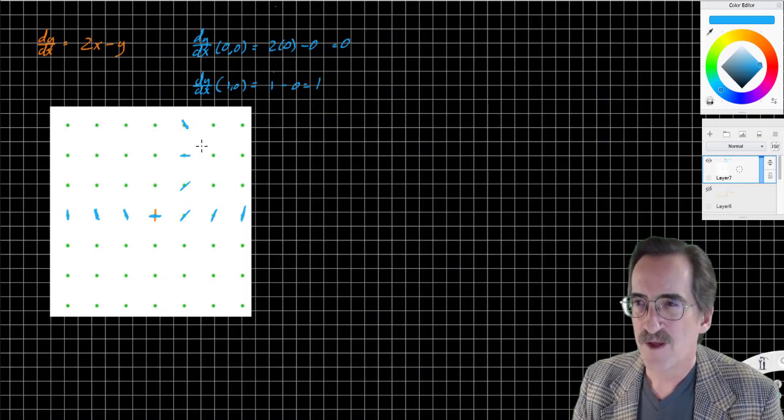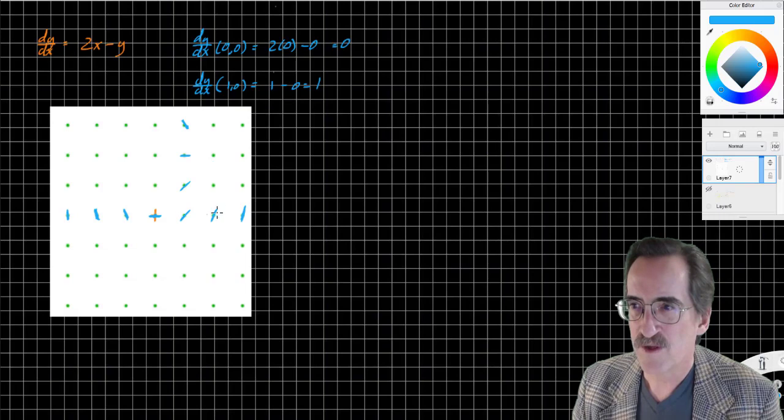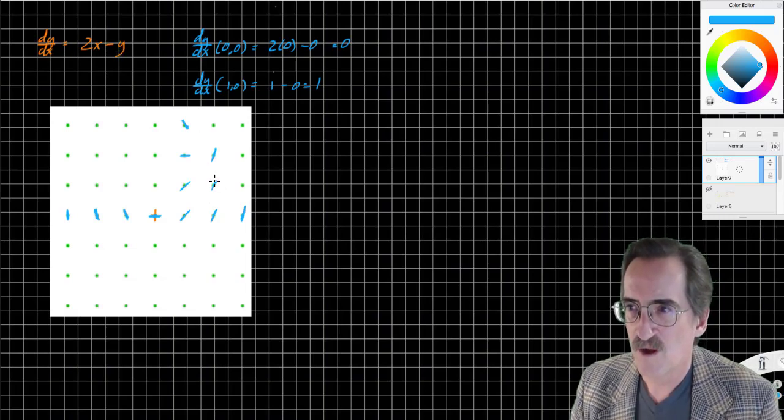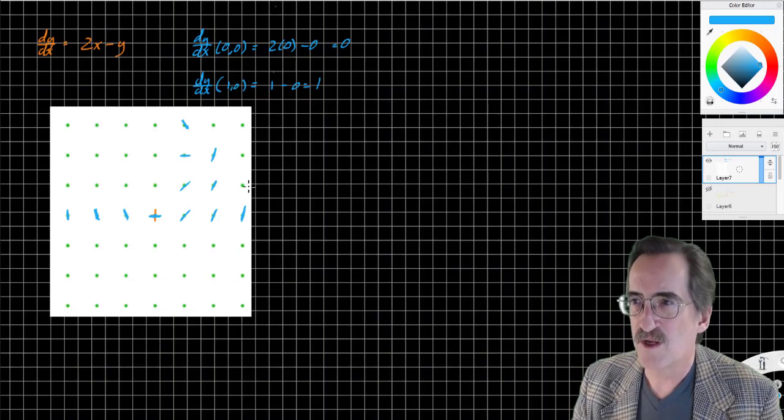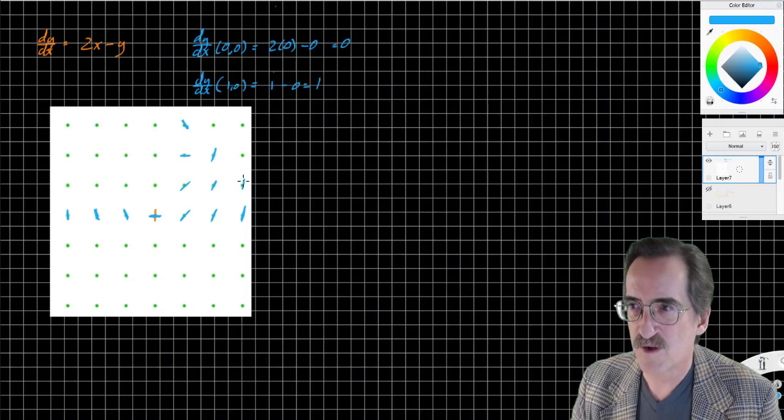Let's go ahead and do some more. (2, 2): 4 minus 2 is 2. (2, 1): 2 times 2 is 4, minus 1 is 3. And (3, 1): 2 times 3 is 6, minus 1 is 5. That's pretty steep. (3, 2): 2 times 3 is 6, minus 2 is 4.